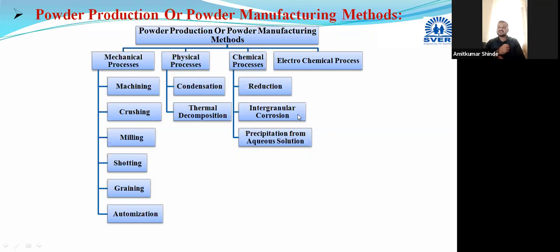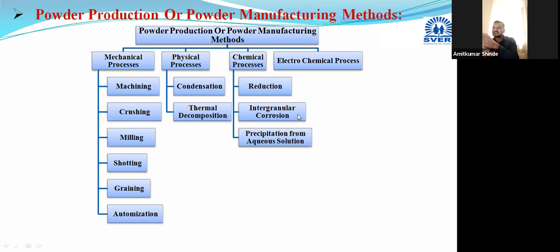This principle is used, and its example is stainless steel. Depending on the conditions we could get nearly spherical stainless steel powders, but largely it gives angular ones. Sorry, in intergranular corrosion, whichever stainless steel powder is manufactured, we will get angular powder particles.